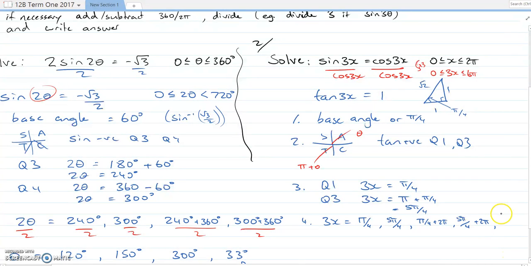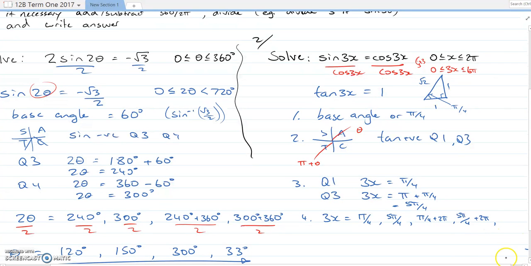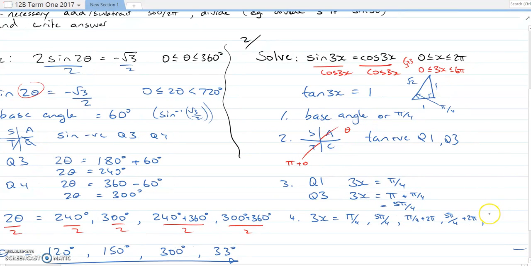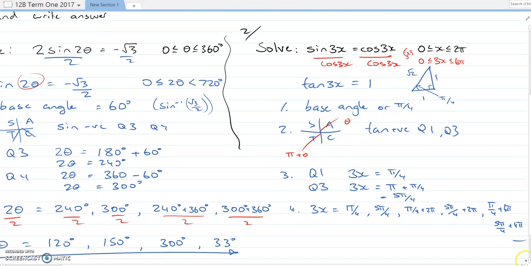And for our next two answers, we've got to add 4 pi. Pi over 4 plus another full circle, so this is 2 full circles, or 4 pi, 5 pi over 4 plus 4 pi. Okay, so 6 solutions here.